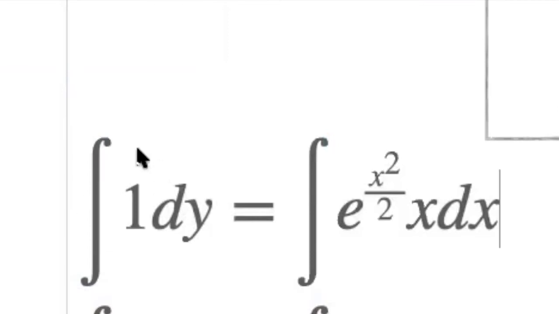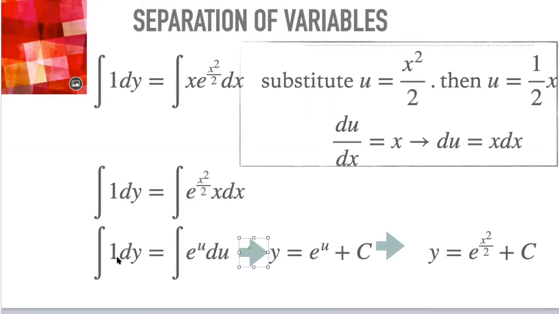Now, remember I said that having no value here means that there's a 1. So having the 1 inserted here, we have the integral of 1 dy, and we did a replacement where x squared over 2 is the same thing as u. So we have e to the u, and x dx is the same thing as du.